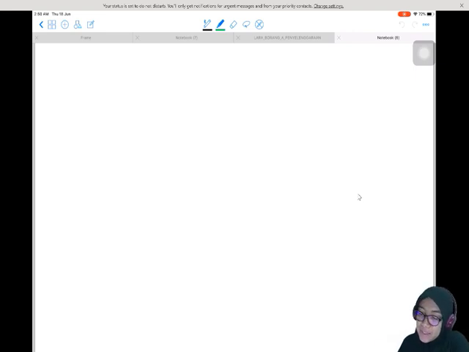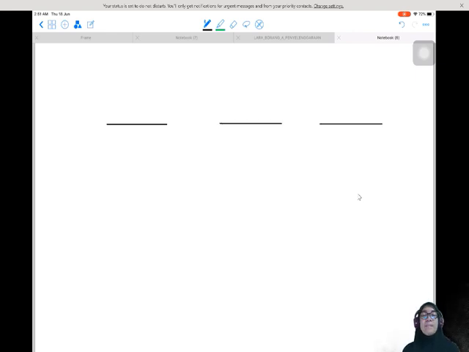Okay, the concept is like this. Besides member end moment, there is joint moment. We have member end moment and joint moment. So we have 3 members, 3 elements: 1, 2, 3. This is a member.